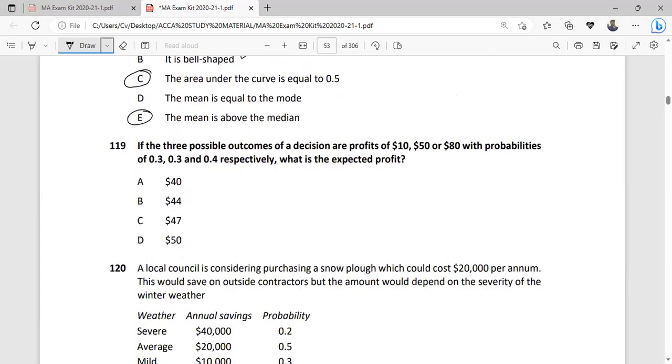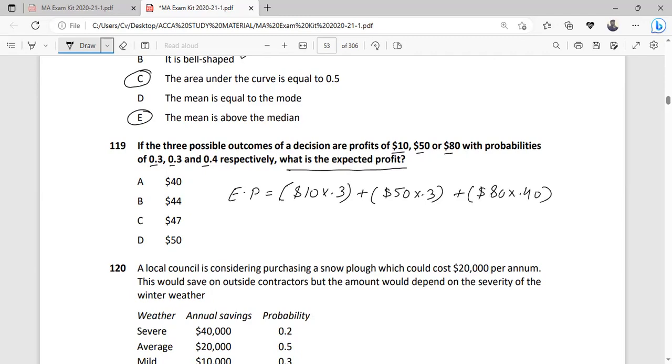If 3 possible outcomes of a decision are profit 10, 50, and 80 with probabilities of 0.3, 0.3, 0.4, what is the expected profit? So expected profit is equal to $10 into 0.3 plus $50 into 0.3 plus $80 into 0.4.